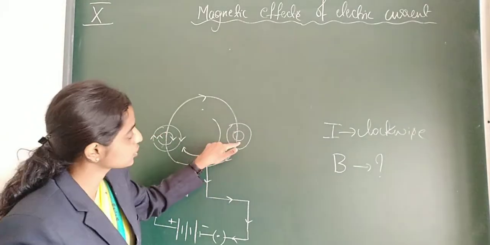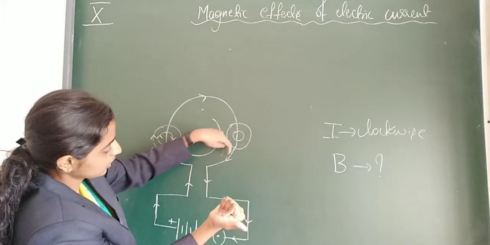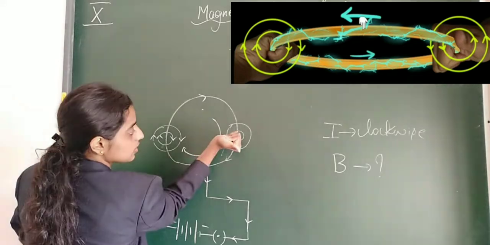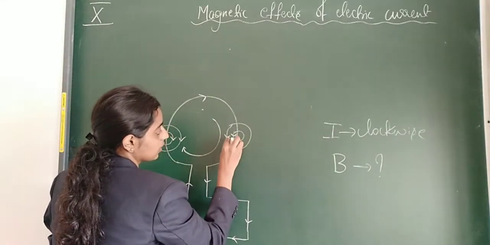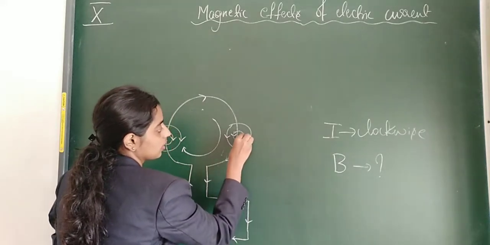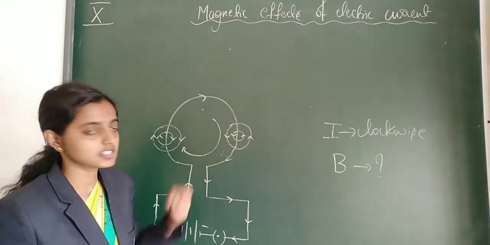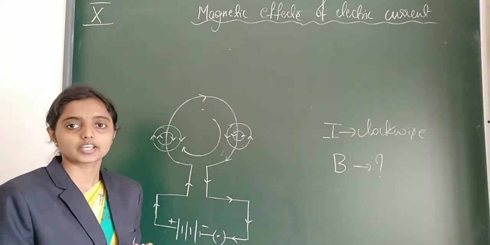The same thing we should do here. If we have a circle, we will hold it like this because the current is flowing in such a way. If we fold like this, just observe the direction of the magnetic field is in this way. I hope you understood. Now just look at the direction.